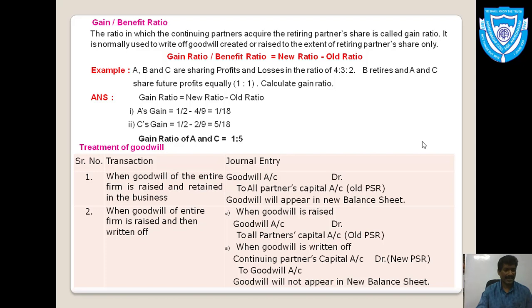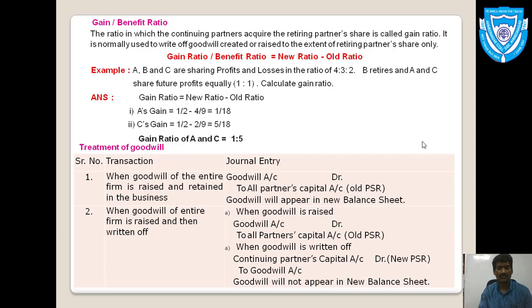आणि सेकंड केस, when goodwill of the entire firm is raised and then written off, the first entry will be as it is, goodwill account debit to all partners capital account, and the second entry will be when goodwill is written off, continuing partners capital account debit in new profit sharing ratio to goodwill account.